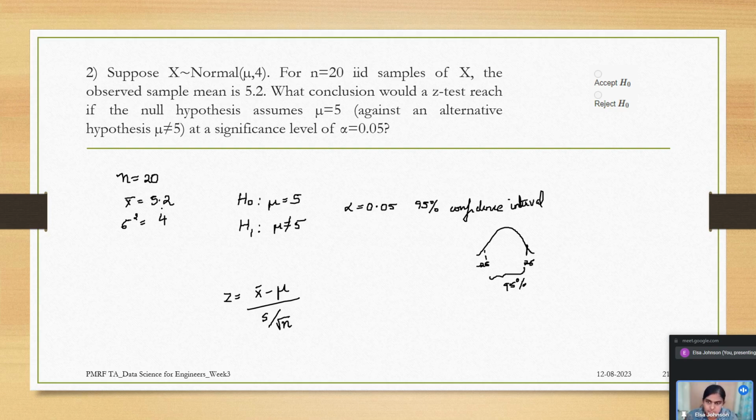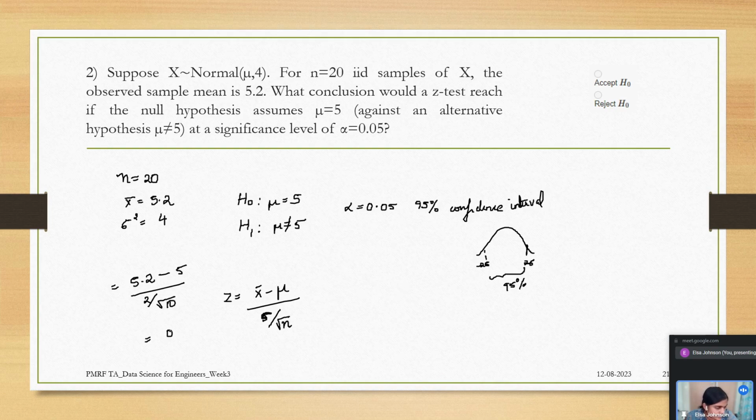It will be coming like 5.2 minus 5, for example, by this thing, 2 by root n will be coming like 10.